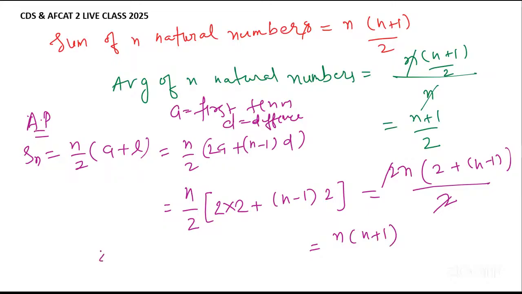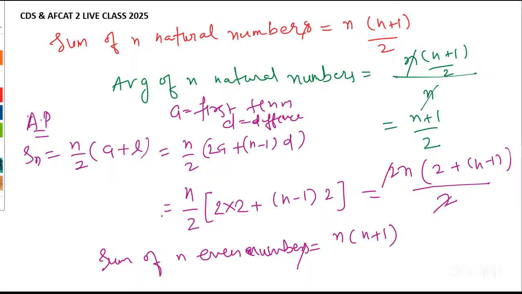So it is the sum of n even numbers. Okay, sum of n even numbers, and their average has not been told. Average will be n times n plus 1 divided by n, which is equal to n plus 1.